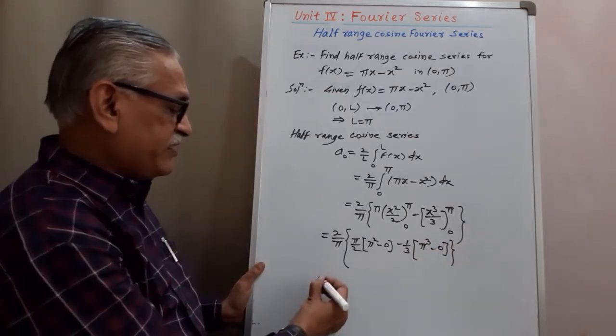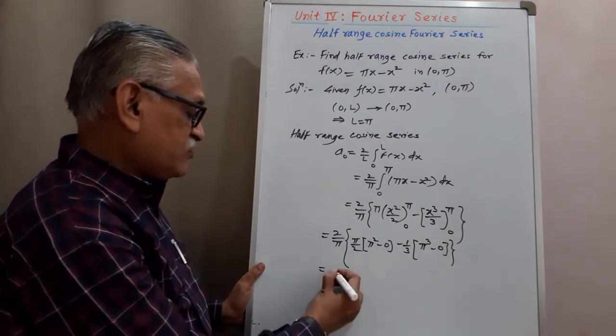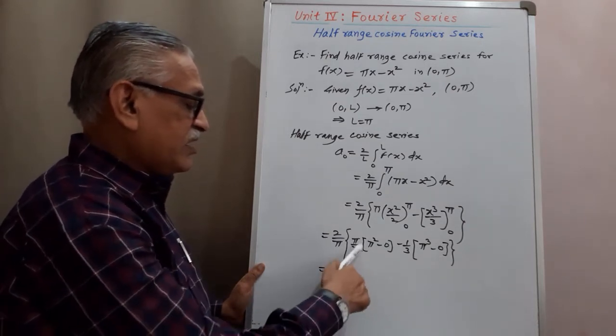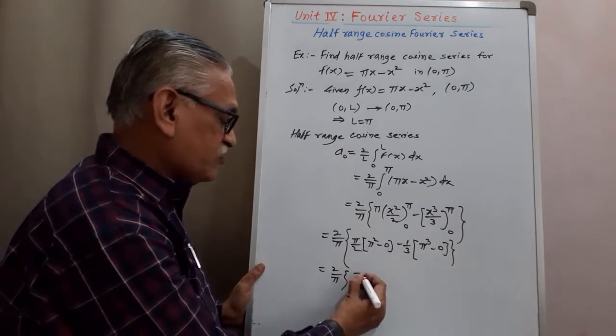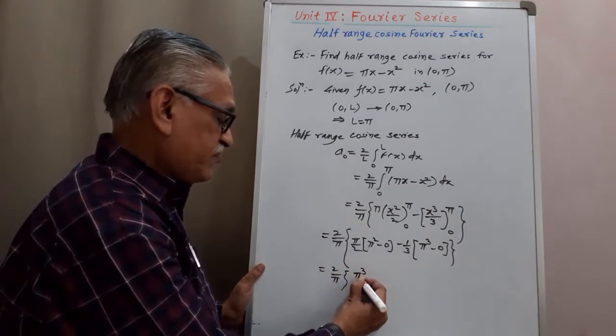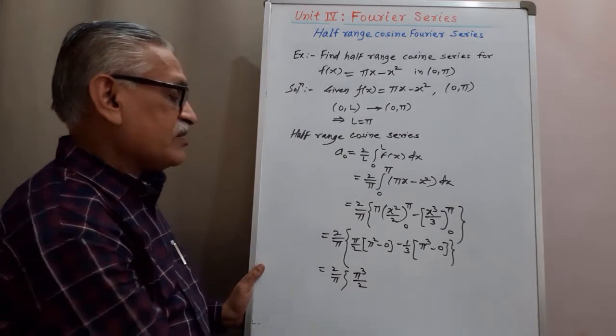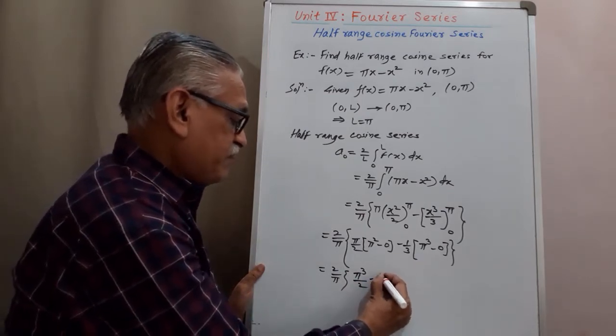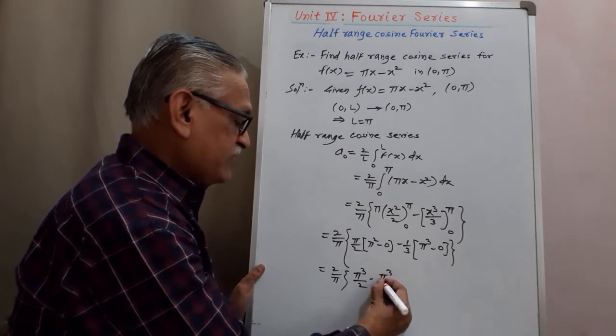and then simplifying it we get 2 by pi, it becomes pi cube by 2 minus pi cube by 3.